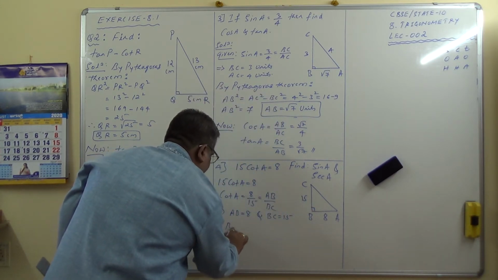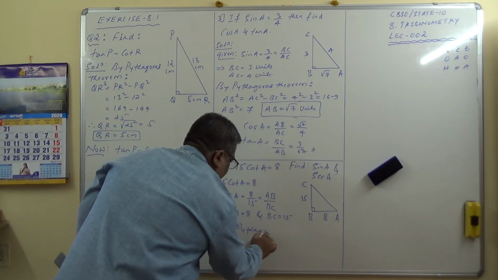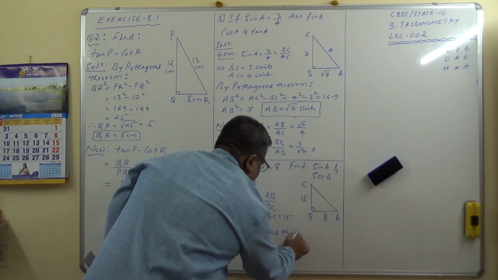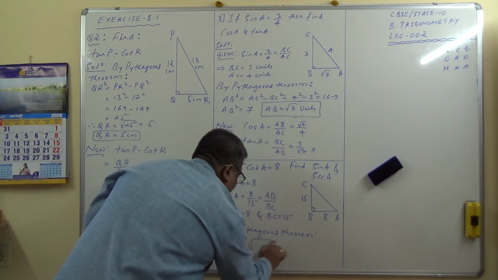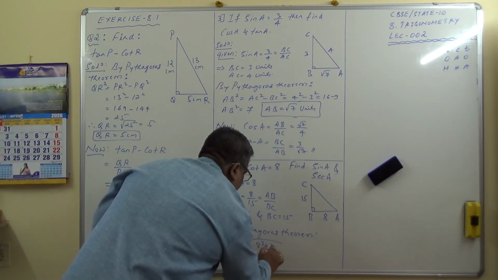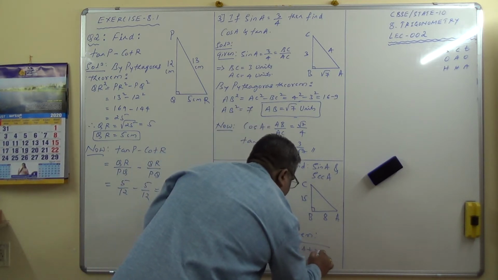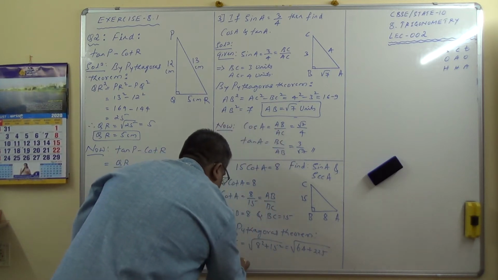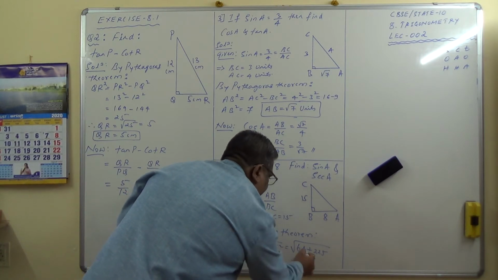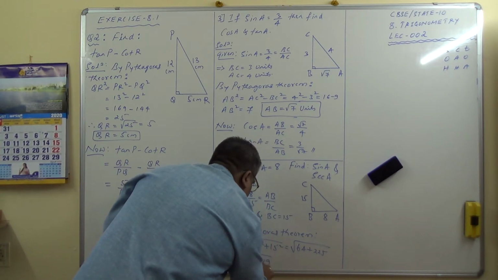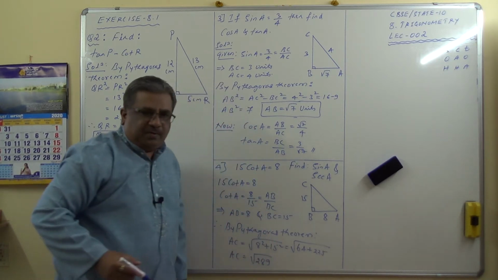Therefore, by Pythagoras theorem, AC equals under root of 8 square plus 15 square, which is under root of 64 plus 225, which is under root of 289.